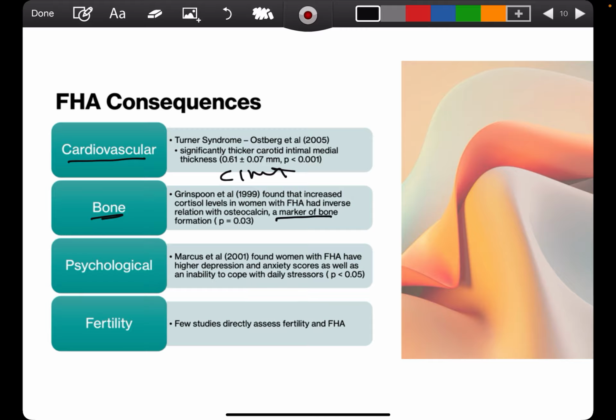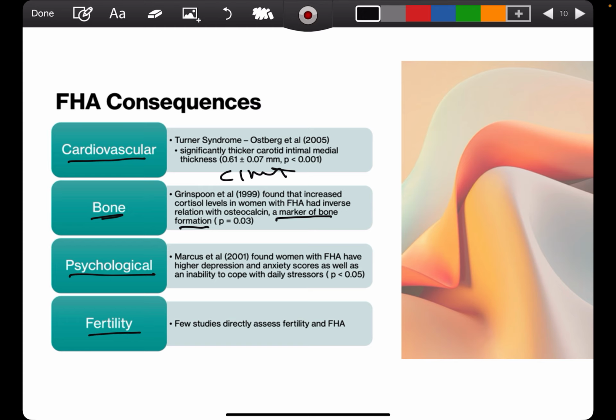If the formation exceeds the rate of resorption, then there's going to be a net loss of bone. And so that's what we're seeing here. With Grinspoon's, it's not exactly what we're seeing, but it's likely what we're seeing with the reduction in osteocalcin.